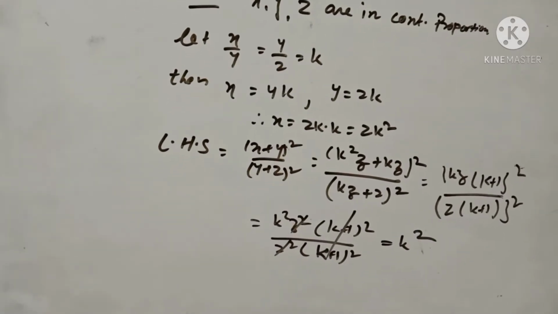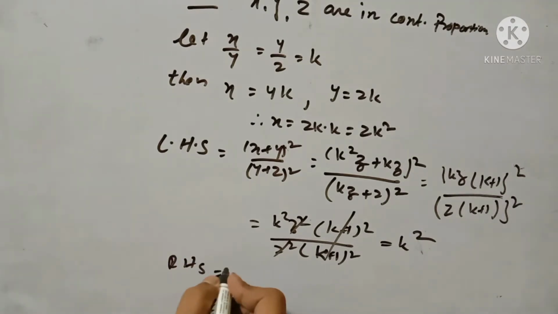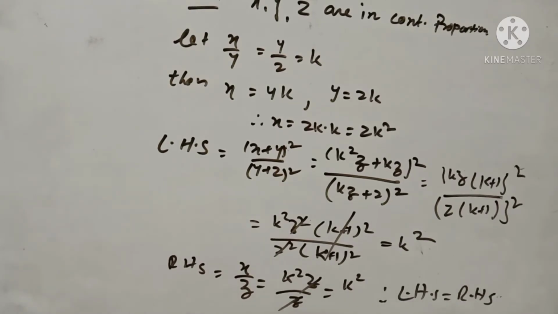Now RHS equal to, it is given x by z. So I can write k square z by z. This z is cancelled. So therefore RHS is equal to k square. Therefore LHS is equal to RHS. Proved.